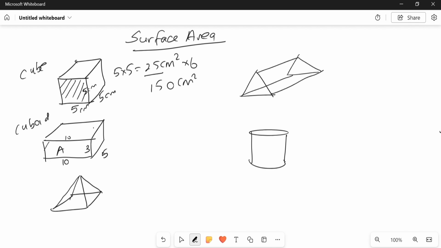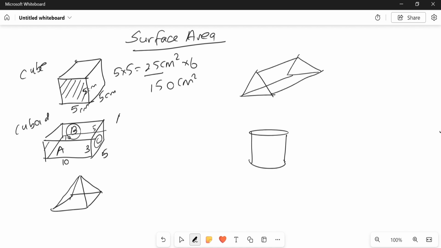Here 10, here 5. So this is B, and this side is one face, C. So there are 3 different faces, but like A, there are 2 faces. You must know that there is another side of this cuboid. Even though it is not visible, we can guess there is another side. Here, see, everything is doubled.